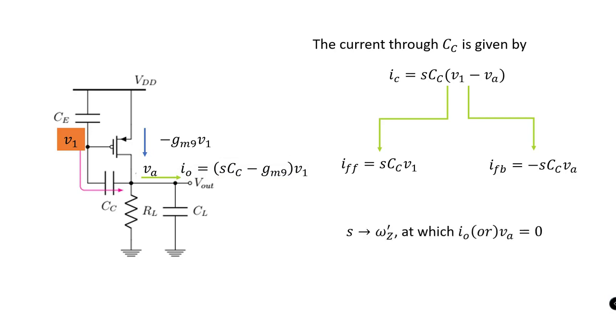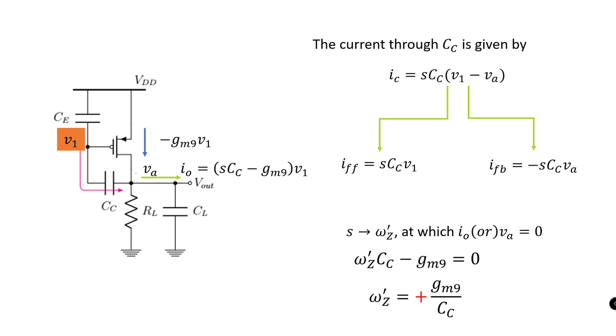But as stated before, when the circuit is operated at omega z, the output current I0 or the output voltage V0 becomes 0. And this can happen only when the magnitudes of both these currents are equal and opposite, that is, when both the drain current and the feed forward current are equal and opposite in their phases. From this, one can get the same expression for the omega z.